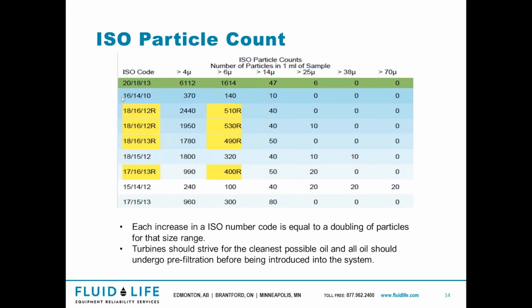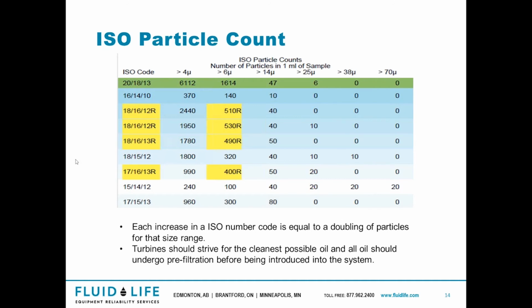Each increase in an ISO code is a doubling of particles at that size range. So to go from a 16 to a 17, we'd go from 370 to 740 roughly. There is a particle range there that it can go for. I believe this one is 300 to 600, and then 600 to 1200 particles for the increase.